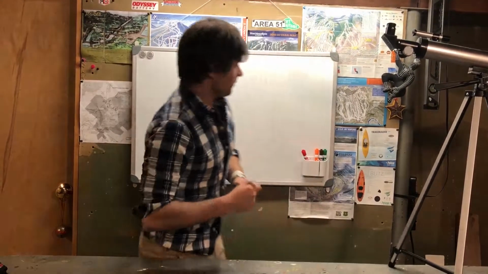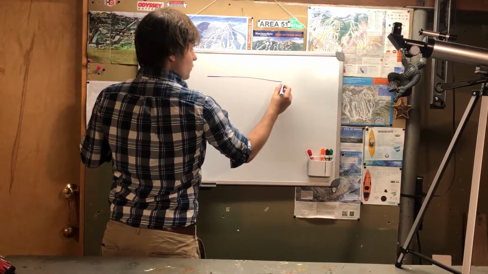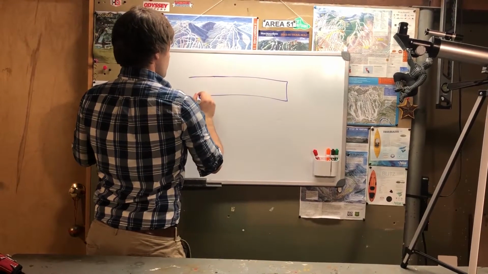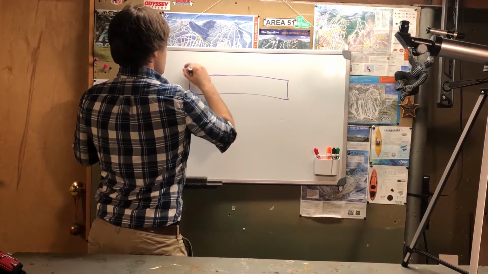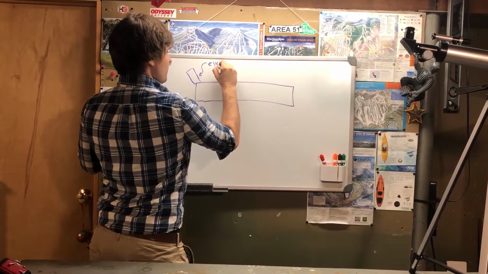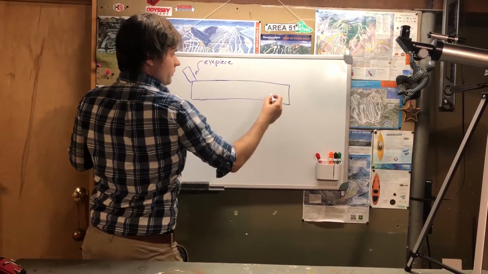Basically, a simple diagram of a refracting telescope is, you have a big long tube, with maybe an eyepiece. We have our eyepiece, and we have our telescope tube.